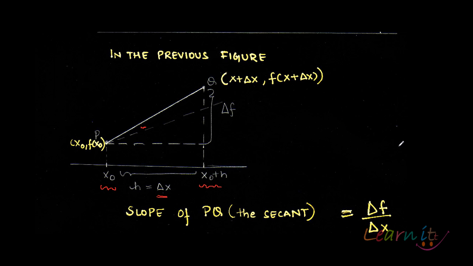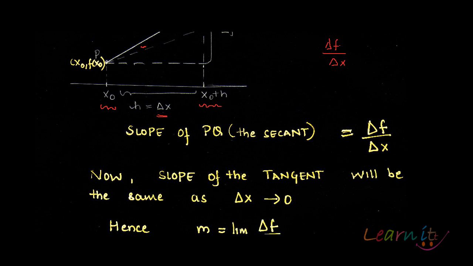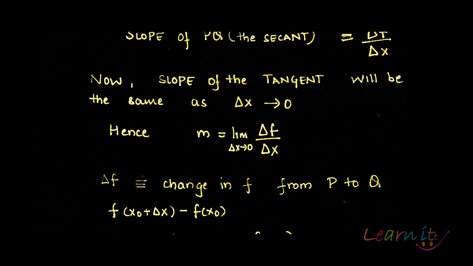Okay. So let us first of all find out the slope of this line PQ. Now the slope of this line PQ essentially is nothing else but the ratio of the change in f to the change in x. That's what a slope is: the change in the function with respect to the change in the value of input. The slope of a tangent will be the same as the change in x tends to 0, right?